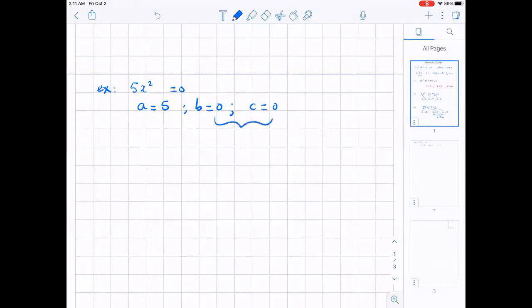And this is because there is no x term. In addition, there is no constant term. So these are the two conditions.